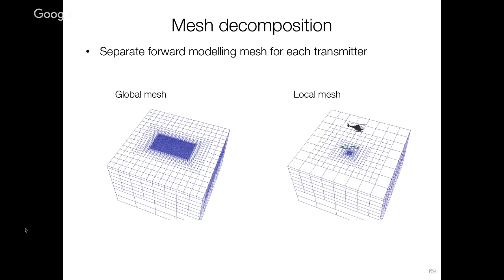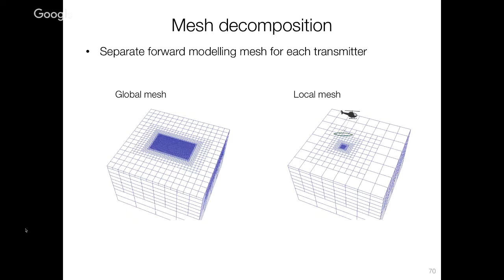But if you have also designed a local mesh that you could use for forward modeling, and every time you move the source around, you've got its own individual modeling mesh, then you can compute the forward responses on this and use those to solve the inverse problem on the global mesh.